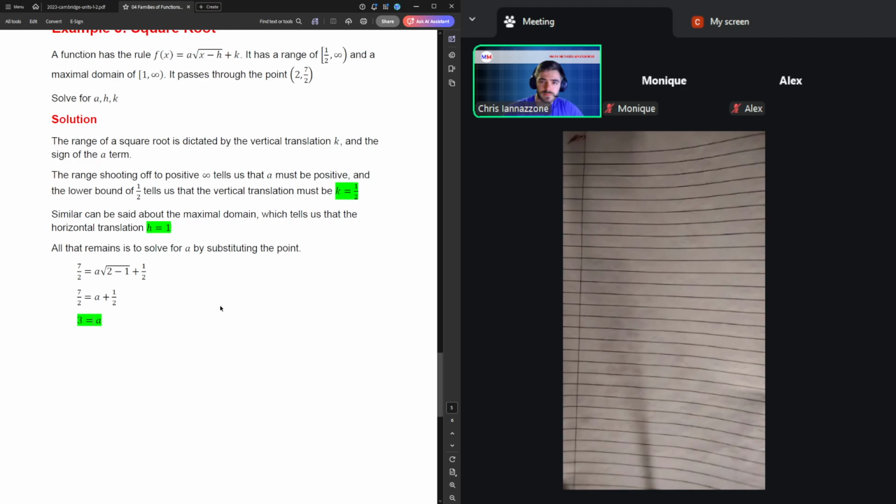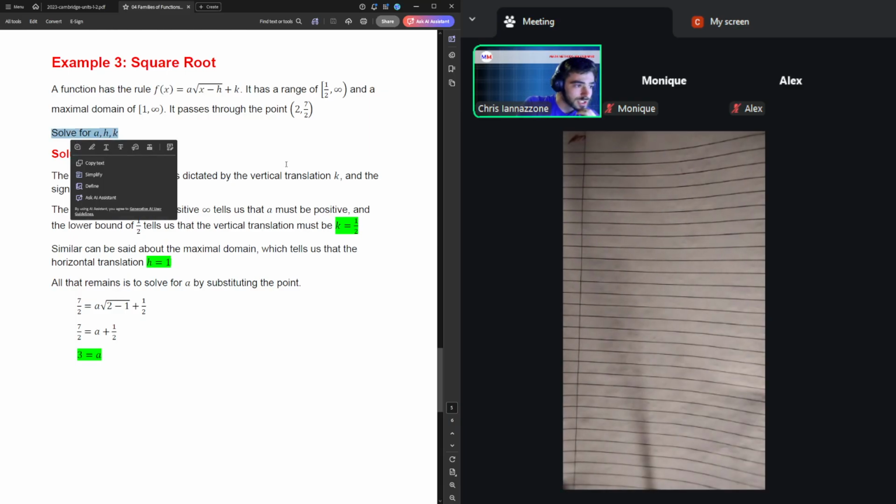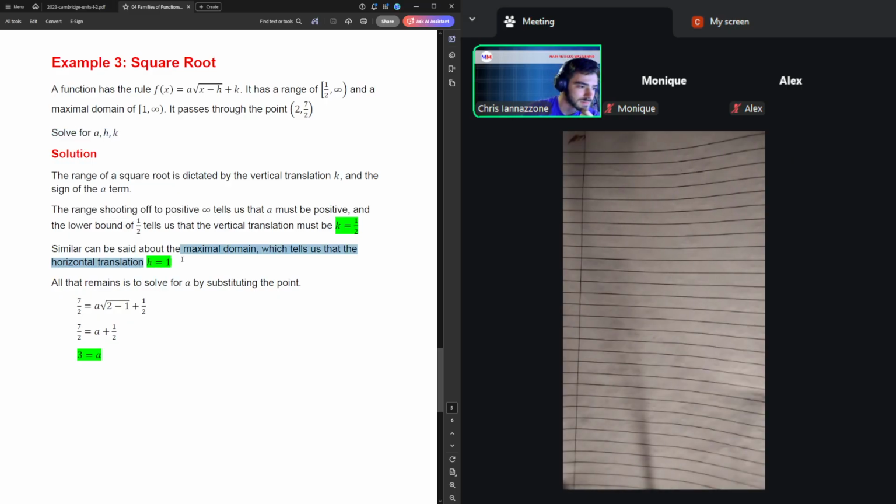Those are all the kinds of key examples you'll come across for families of functions, at least in the context of the gallery of graphs chapter. Maybe one final thing I'll touch on is the way the actual question that's being asked could be just solve for coefficients, in which case you do exactly what I've just discussed here, right? Just give h, give k, give a, or whatever the letters are.